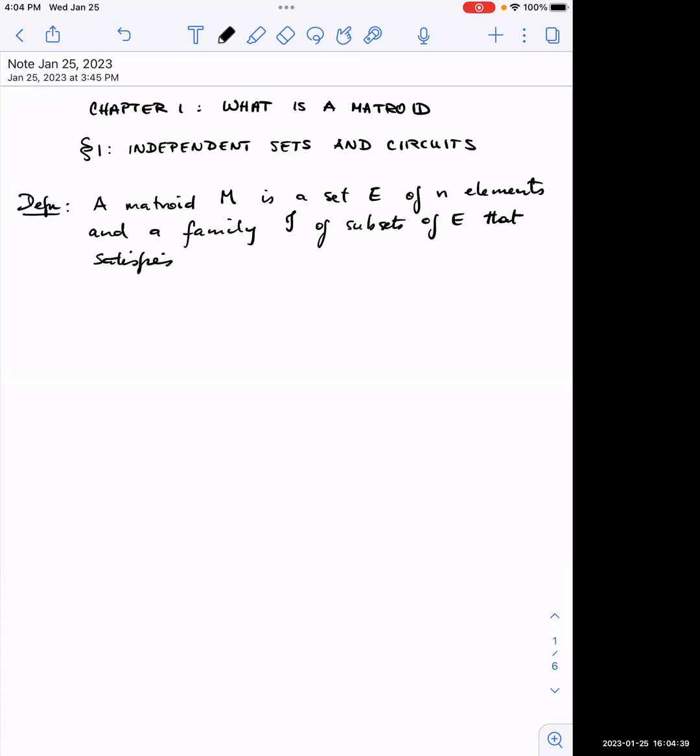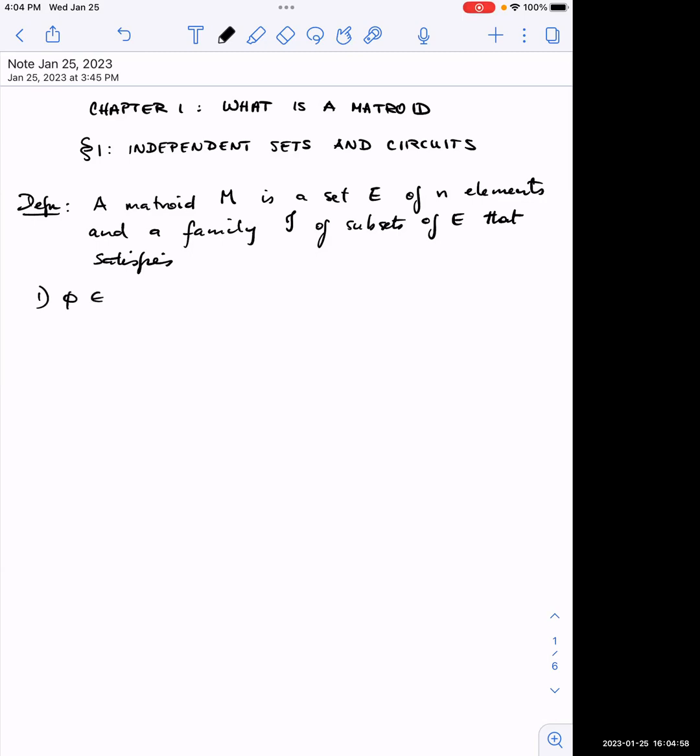So it's a very set theoretic definition. And matroids in their absolute generality are basically a set and a collection of subsets of the set that satisfies certain properties.